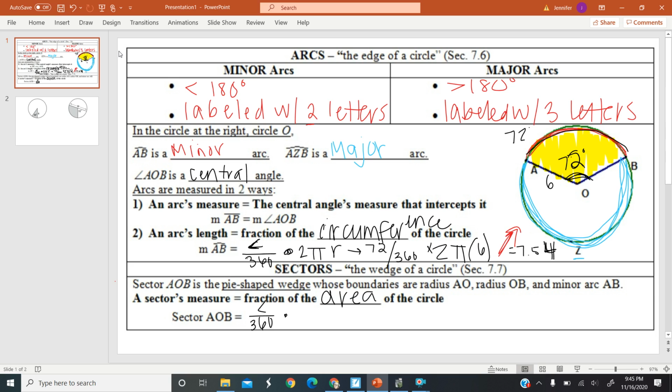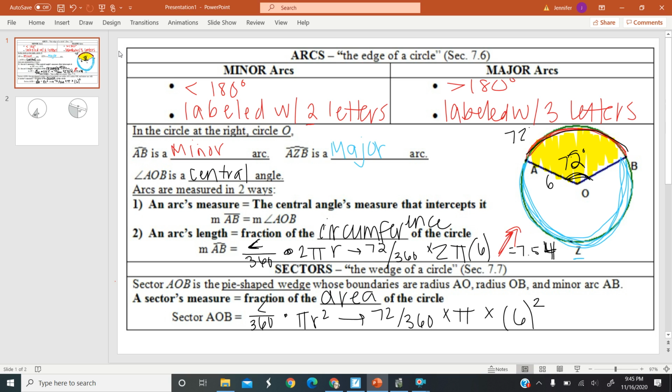And then times, this time it's the area instead of the circumference, so it's going to be pi r squared. So if I did that with our example that we have here, then it would be 72 divided by 360 times pi times our radius of 6 squared.